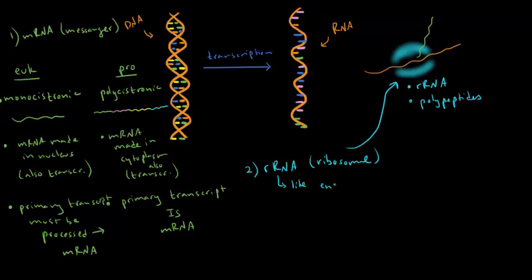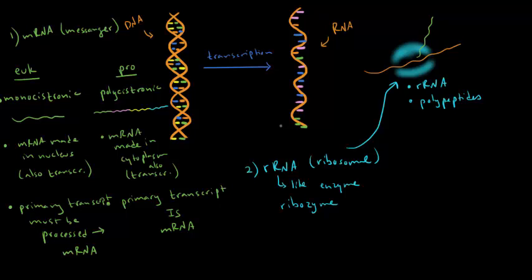This is odd because usually proteins act as enzymes and nucleic acids do not. In fact, rRNA is known as a ribozyme. A ribozyme is an RNA that has enzymatic function. It's the enzymatic activity of the rRNA in the ribosome that puts together the polypeptide.